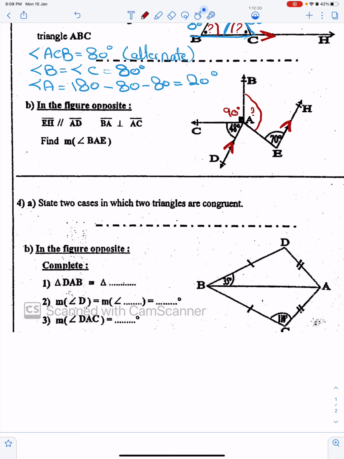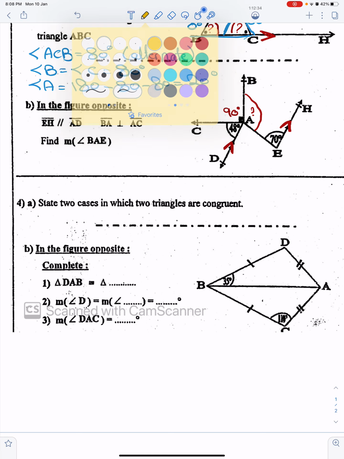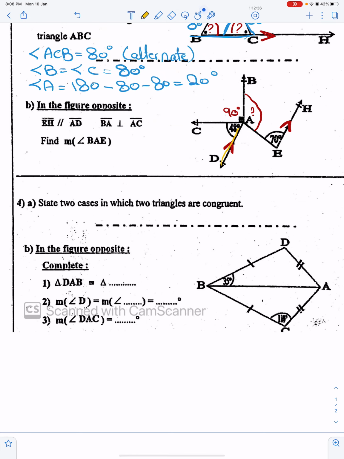At first I'm going to look at the parallel lines. What can I find? Letter Z, which means this angle is equal to this angle, 70 degrees. Why? Alternate.